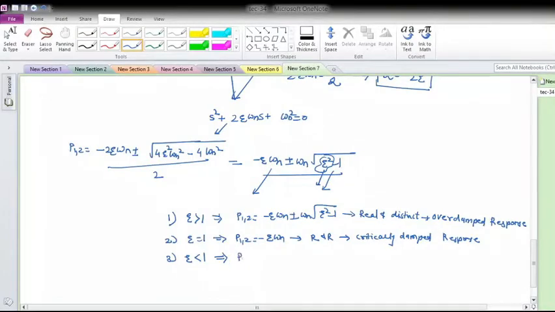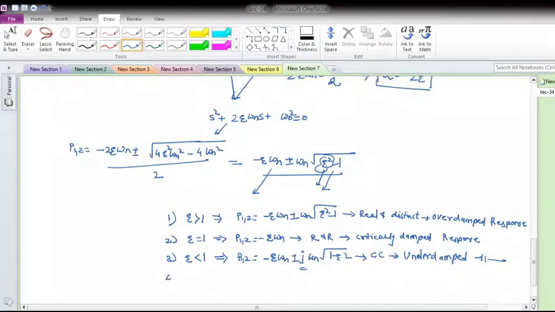Let me write the roots p1, p2: if zeta is less than 1, I can slightly modify this by putting j, so minus zeta omega n plus minus j omega n square root of 1 minus zeta square. That j indicates the imaginary root. In this situation the roots are a complex conjugate pair, and the response is underdamped response.